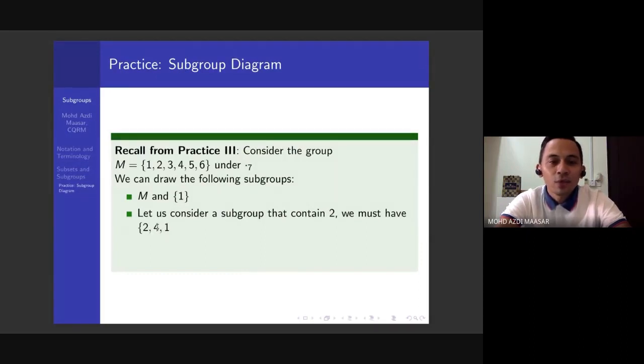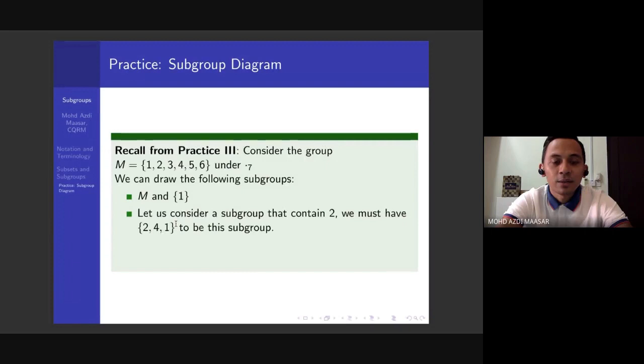Then you need to check further. 4 multiplied by 4 is equal to 2, which is already there. Checking any other possible ordered pair, you can see that it will again map to one of these 3 elements only.